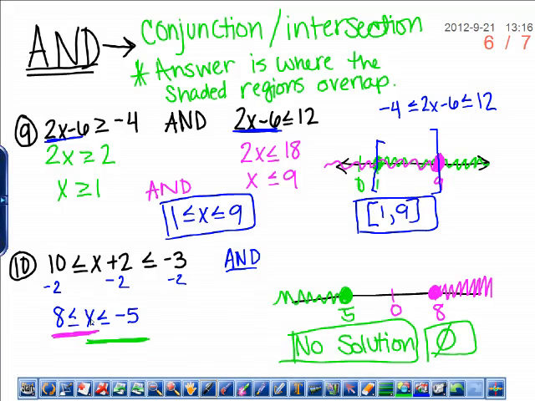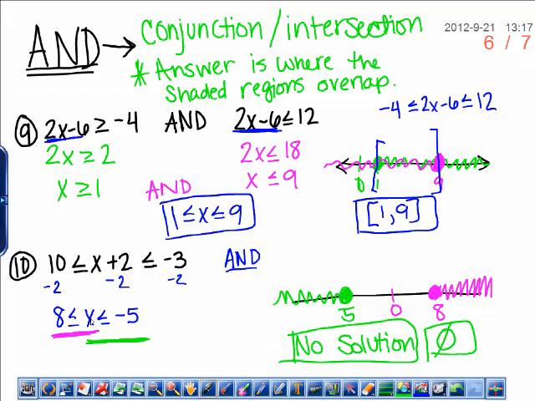You have to either understand from the inequality form or from plotting it on a number line that it is not possible for a number to be bigger than 8, but less than negative 5. It's just not possible for that to happen. Okay? You can stop here and notice it and write your answer as no solution. Does that answer whoever had a question over here?